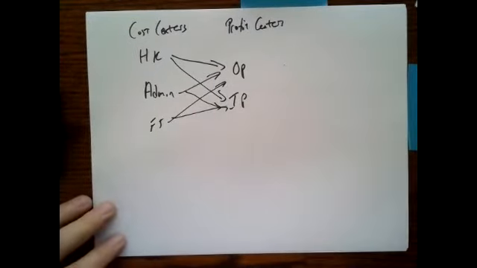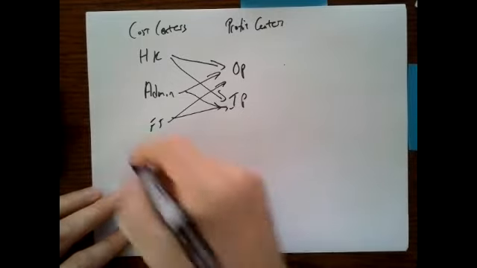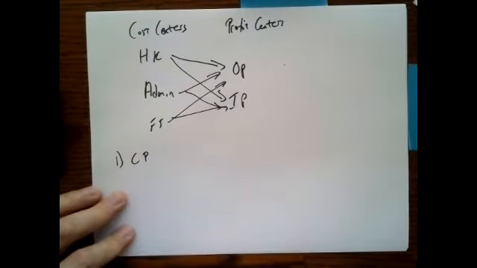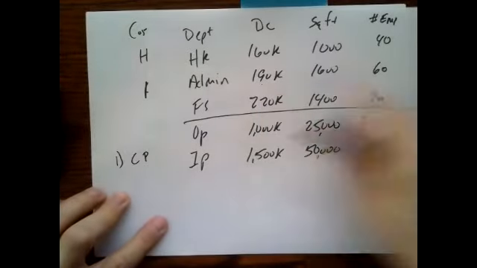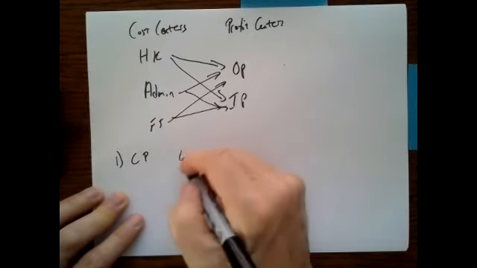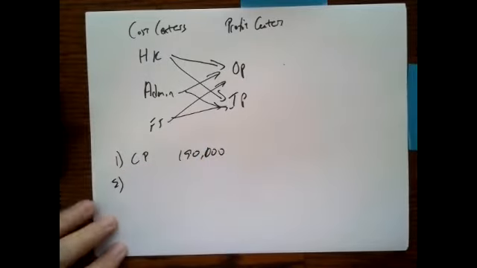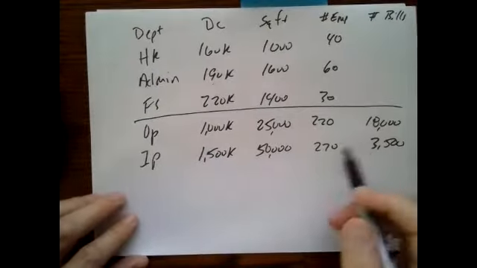To calculate the cost allocation, we use our 4-step method. We need our cost pool for admin. Our cost pool for admin is its direct cost, which is 190. We need a cost driver. We're told that the cost driver for admin is number of employees.